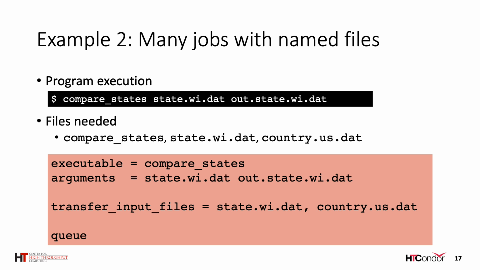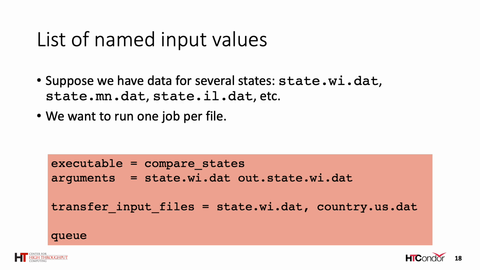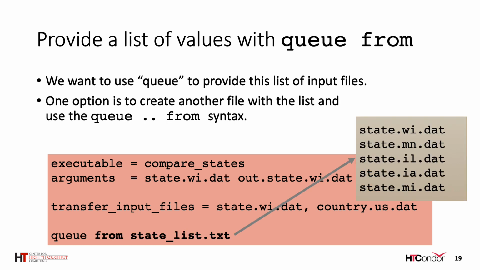As in the previous example, we probably have several input files that we want to analyze, one input file per job. And so again, we need to be able to provide HTCondor with a list of these different input file names. This time, we're going to do that using the Q from syntax.